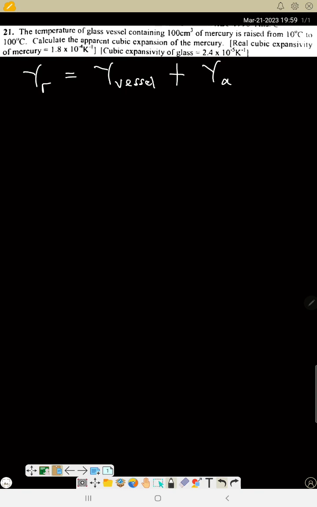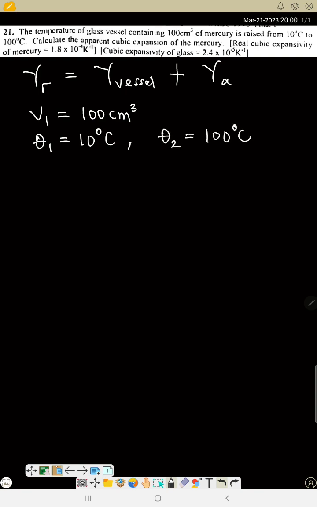In the question, the temperature of a glass vessel containing 100 centimeter cube of mercury, so that is V1, volume of mercury, 1000 centimeter cube, is raised from 10 degrees C, that means theta 1 is equal to 10 degrees C, to 100 degrees C, that means theta 2 is equal to 100 degrees C. So calculate the apparent cubic expansion of the mercury.